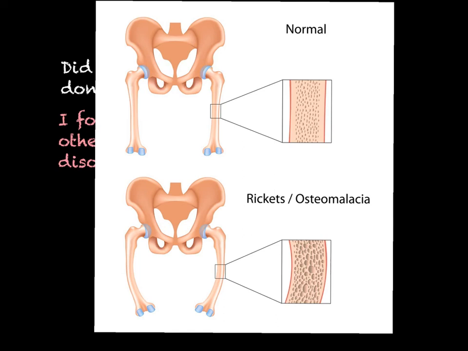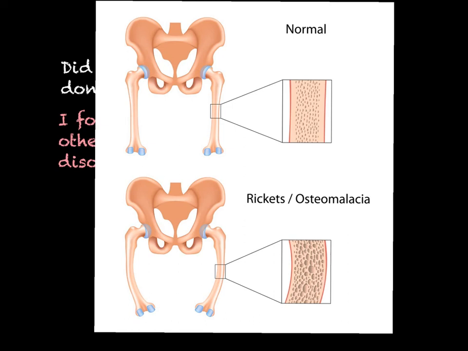You're not going to give them regular vitamin D. You have to give them the vitamin D that's already been activated, because the kidney will no longer do that for them. If you have malabsorption syndromes like celiac disease or patients with gastric bypass, other gastrointestinal disorders, you're going to give them higher doses of vitamin D supplement.